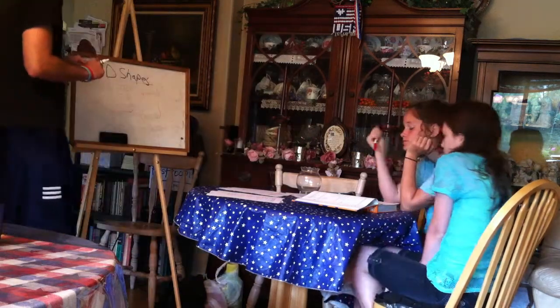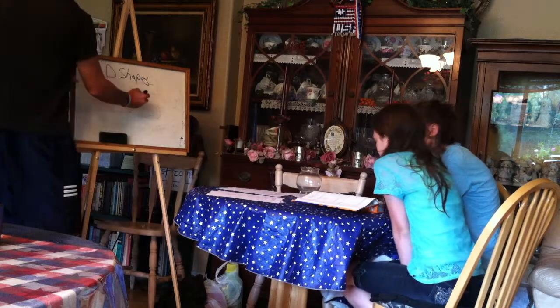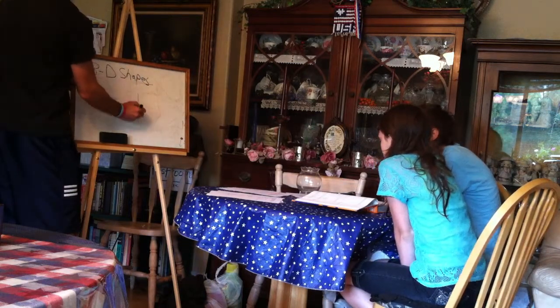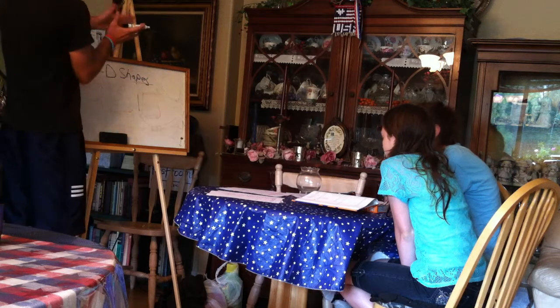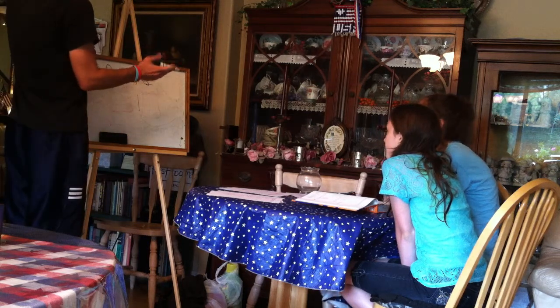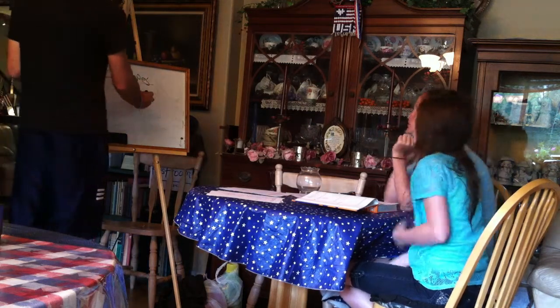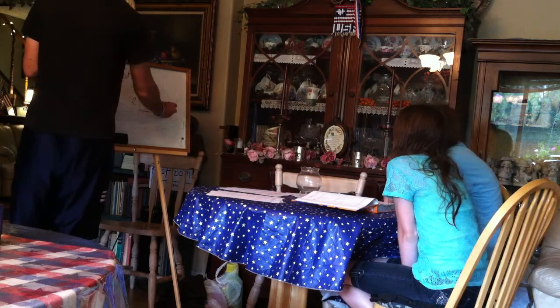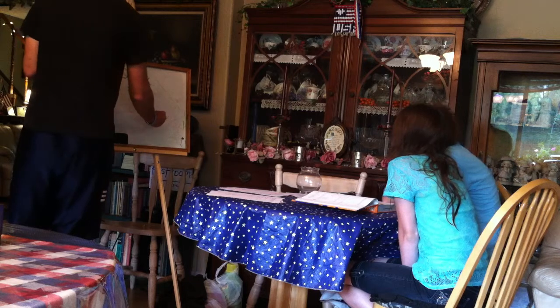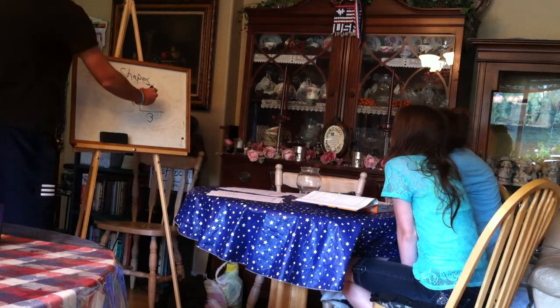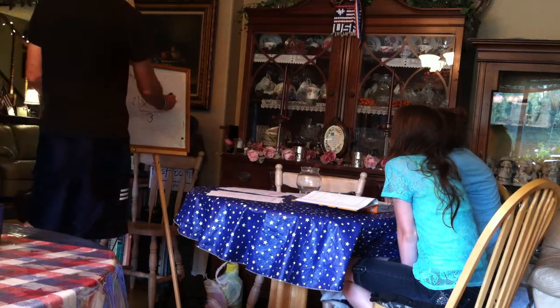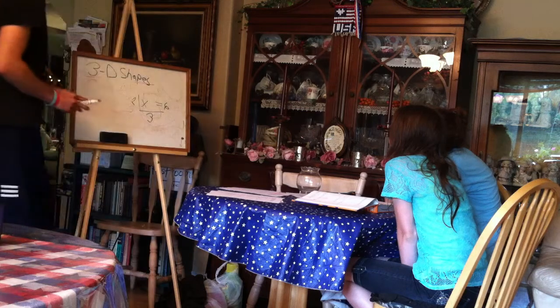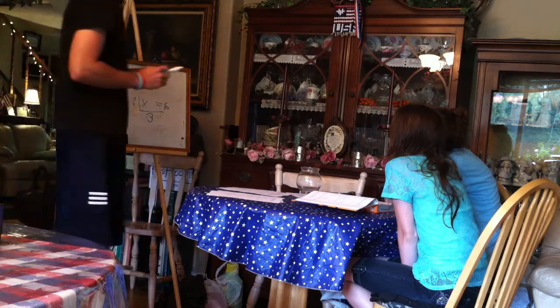This is your width, the area going down, right? And so how many boxes do you have for your width? 2. How many boxes do you have for your length? 3. And what is 3 times 2? 6. So how many boxes do you have? 6. Good, and that's the area.